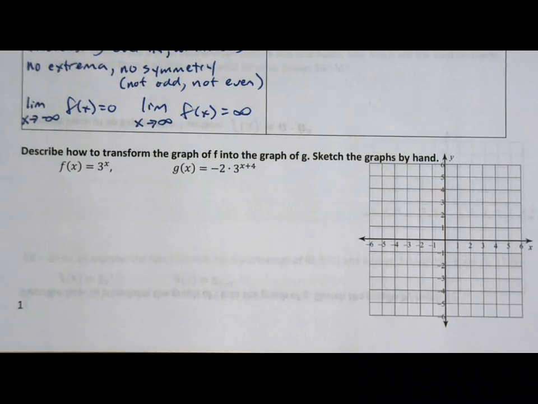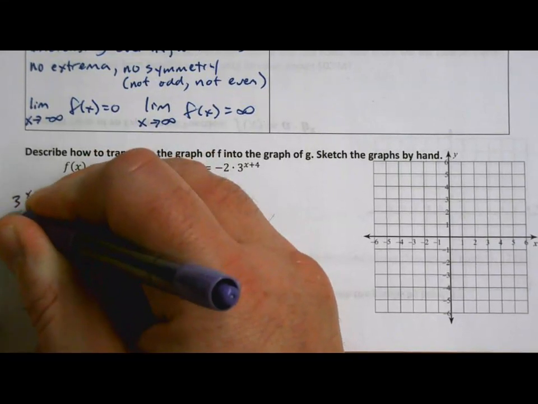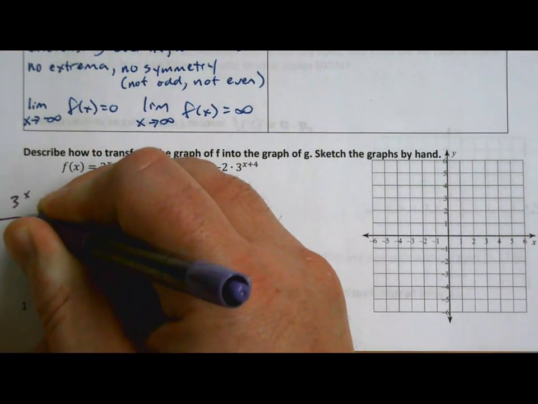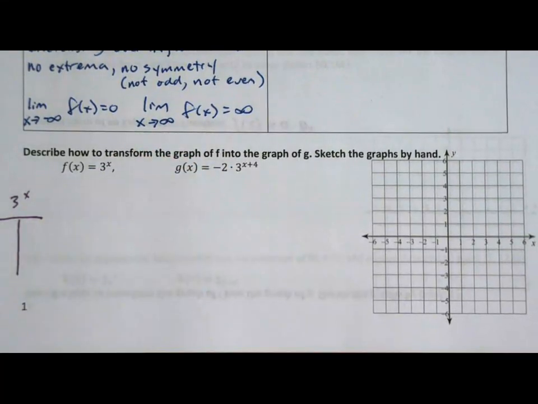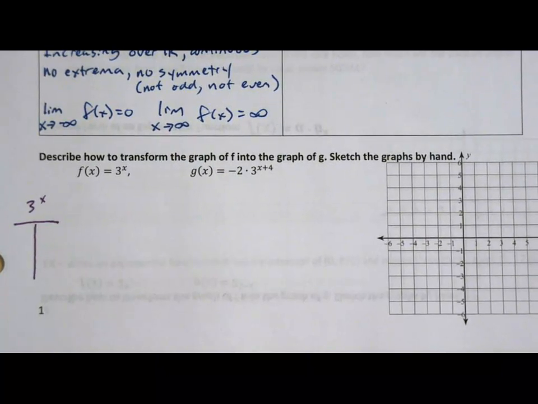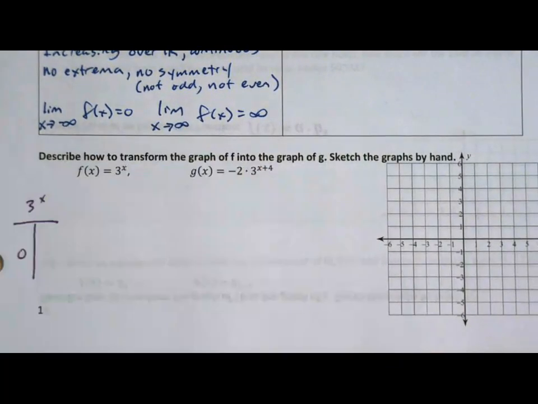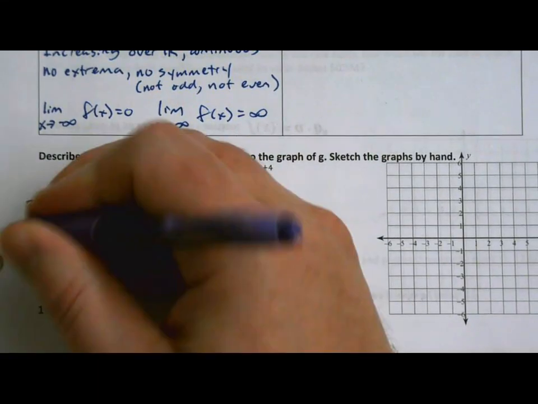We can start wherever. So here's my parent function, 3 to the x. We're going to track these things with x and y coordinates because that's how we always do these. If you had to guess the 3 x coordinates I'm going to ask you to track, what would you guess? 0 is one of them. -1 and +1 also.